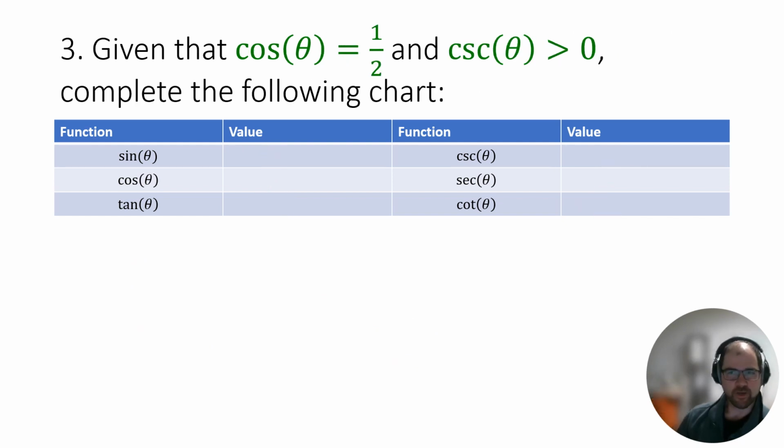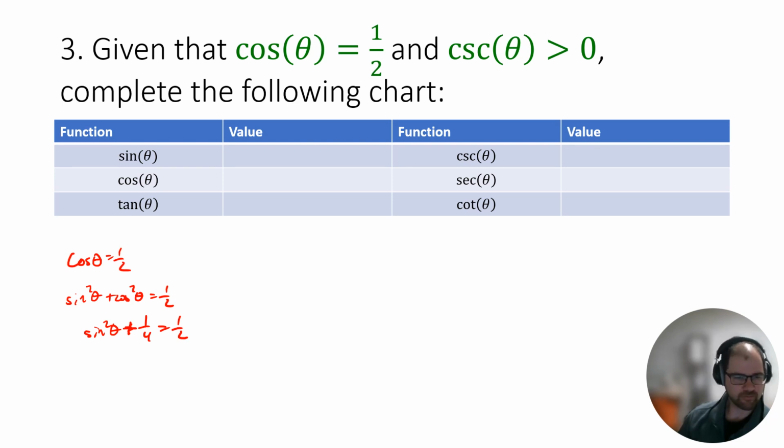Cos theta is 1/2. All right. We could actually find the angle theta from the information given, but that's not asked. I'm just going to go ahead and use sine squared theta plus cos squared theta is equal to 1. Since cosine is 1/2, this gives us sine squared theta plus 1/4 is equal to 1.